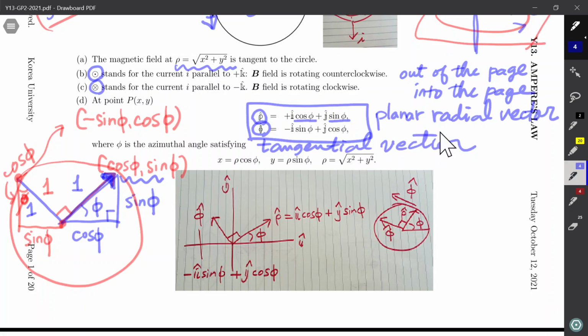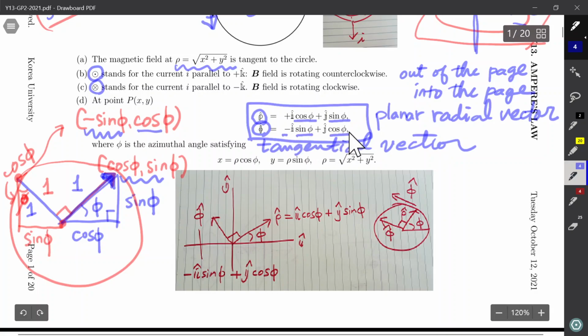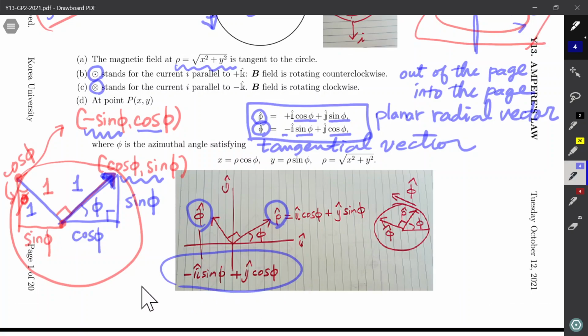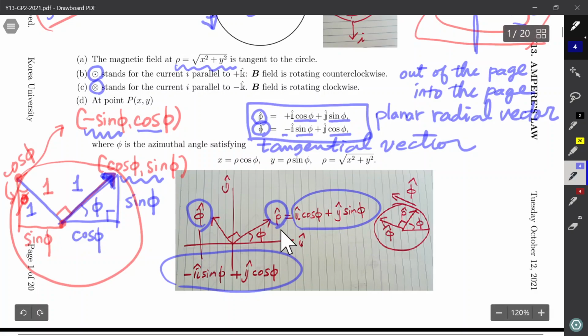The tangential vector has coordinates minus sine phi for the x component and cosine phi for the y component. So we have rho hat, the planar radial vector, cosine phi, sine phi, and the tangential vector phi hat, minus sine phi, cosine phi.